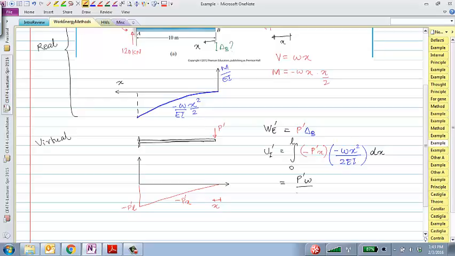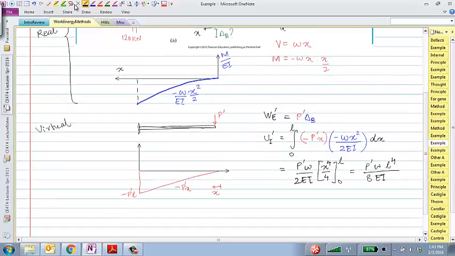P prime omega over 2 EI can come out, and we'll have X cubed inside. The integral of X cubed is X to the 4 over 4, from 0 to L, which happens to be P prime omega L to the 4 over 8 EI. And if I equate WE prime to UI prime, then basically we get delta B is equal to, P prime cancels off, omega L to the 4 divided by 8 EI.